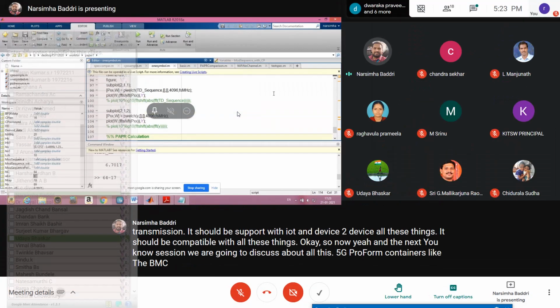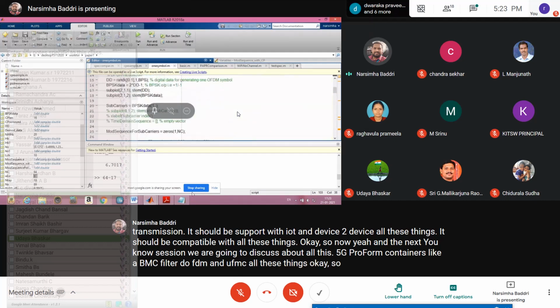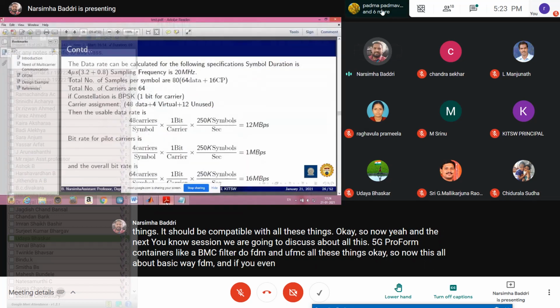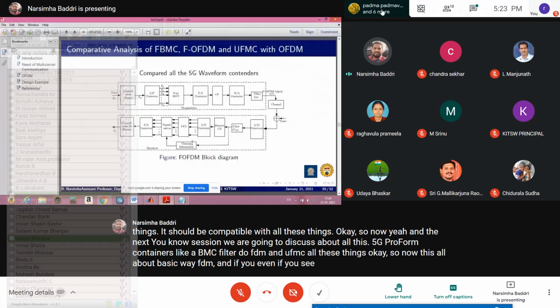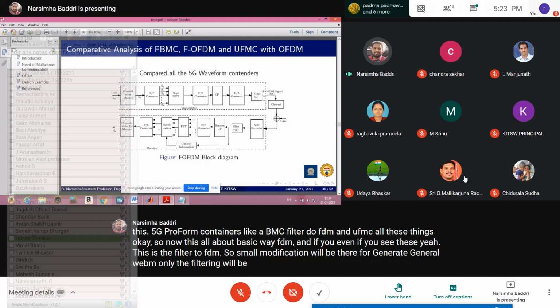In the next session we are going to discuss all these 5G waveform contenders, like FBMC, filtered OFDM, and UFMC. Now these are all about basic OFDM.